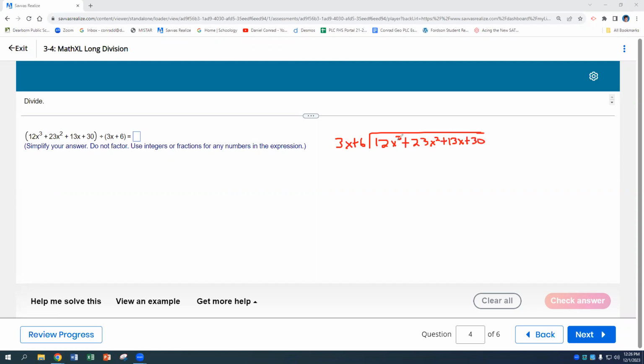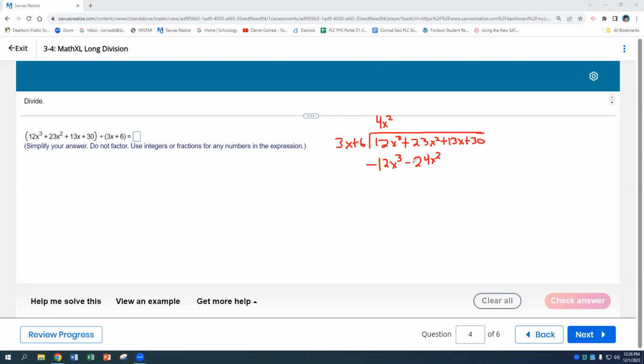Good, and we have all our exponents, 3, 2, 1, so we're good. 3 times 4x squared is going to give us 12x to the third, right? So 4x squared times 3x is going to be 12x to the third. 4x squared times 6 is going to be plus a positive 24x squared.